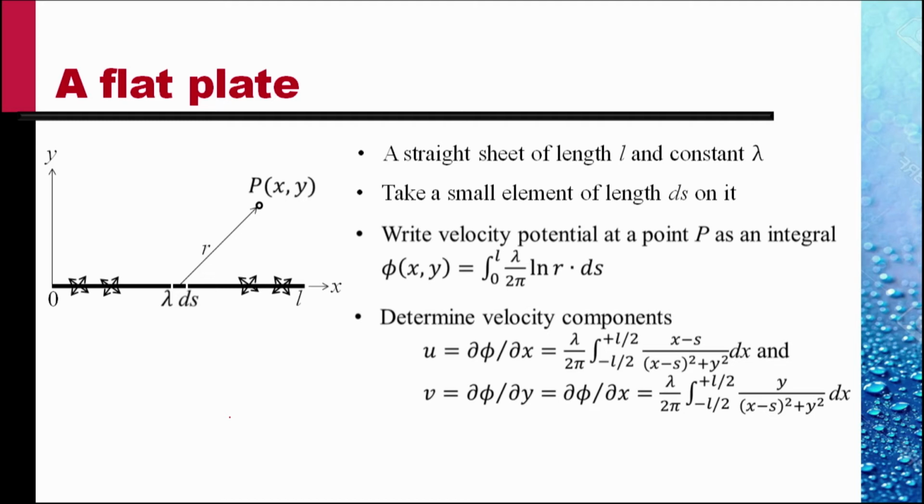Then we determine the velocity components u and v at any point x and y by differentiating this velocity potential, which we obtained as an integral, with respect to x and with respect to y. And we get these expressions.